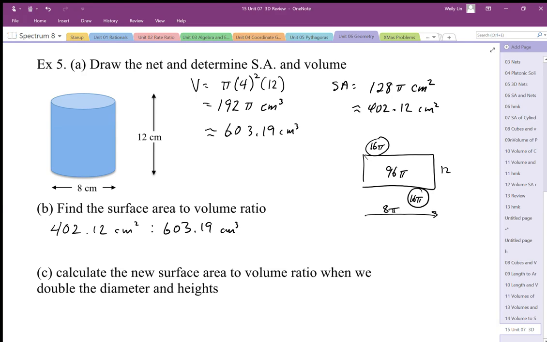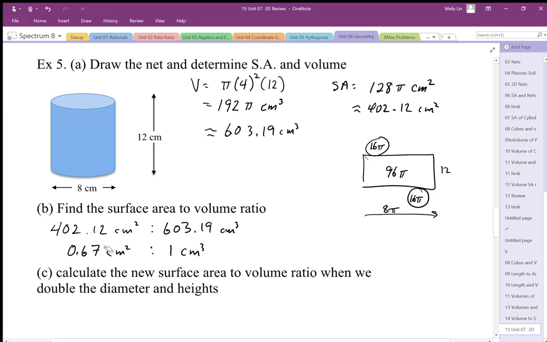We can leave it like that, but we really want to know the unit rate, the unit ratio. So we end up with 0.66. I'm going to round that to 0.67 centimeters squared to 1 centimeter cubed. Okay, so that's the ratio.